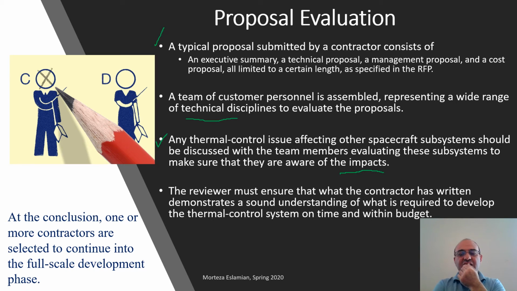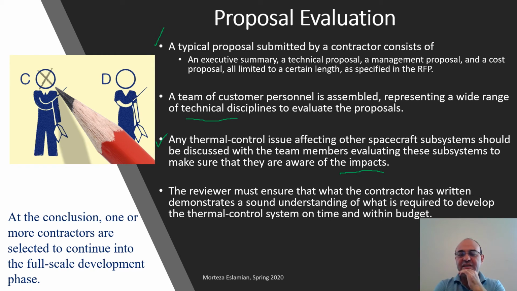For instance, they may have underestimated the impact of the thermal control. They may think that thermal control is not a big deal, it can be taken care of, but if that part has been neglected or ignored, it may result in the failure of other subsystems.